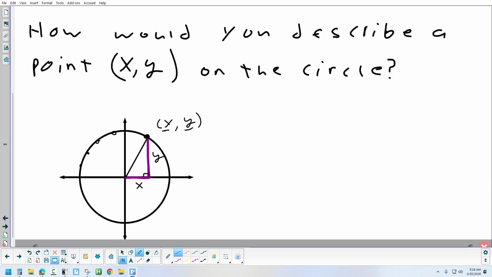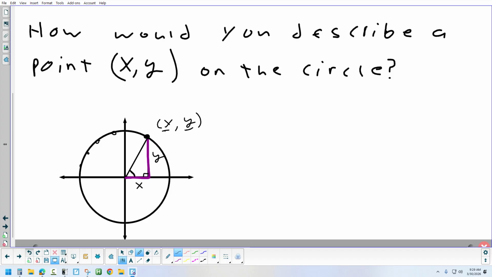Well, that's always going to be a 90. That'll never change. No matter where you put this point, it's always going to be a 90 right here. The angle, right? This angle right here, we can think of that as what controls where on the circle this point is going to be. That's our angle of rotation right here inside that triangle.